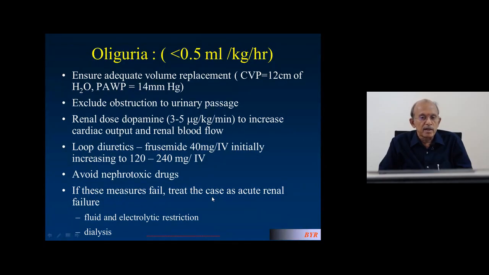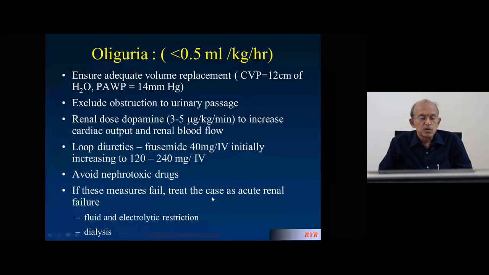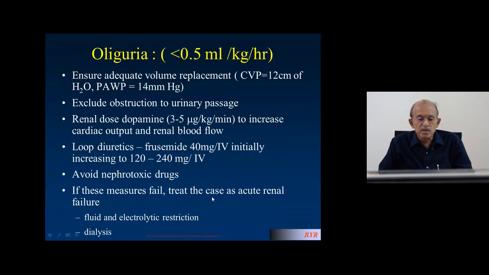You are very much worried. Whether it is due to less fluid, or the patient has gone into shock with renal vasoconstriction, or the patient has gone into renal failure, these things will be there in your mind. This is the method by which you go stepwise and you will be safe in treating the patient.